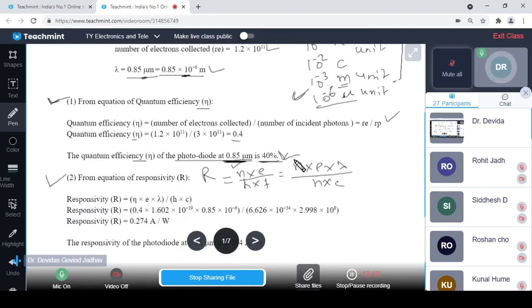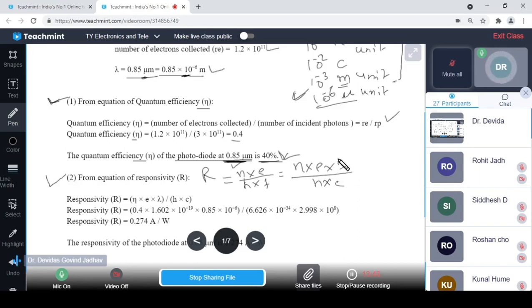Eta is calculated as 0.4. E is 1.602 into 10 raised to minus 19 coulomb. Lambda is given as 0.85 micrometer, that is 0.85 into 10 raised to minus 6. H is Planck's constant, 6.626 into 10 raised to minus 34 joule second, and C is the velocity of light in vacuum, that is 2.998 into 10 raised to 8 meters per second.